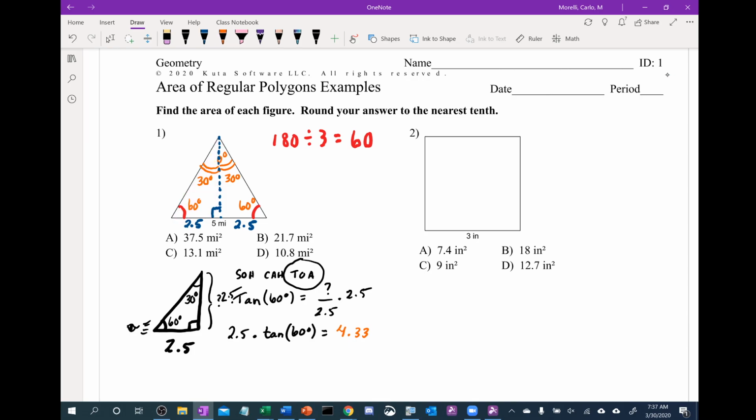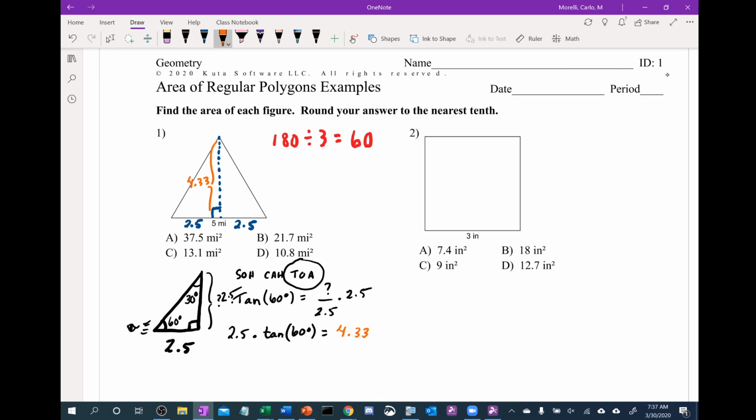Well, at this point, we now have this height, okay? Let me clear some of this stuff out. So now we know that this height right here is 4.33. So I can actually use now base times height divided by 2 in order to find the area of each of these little triangles.